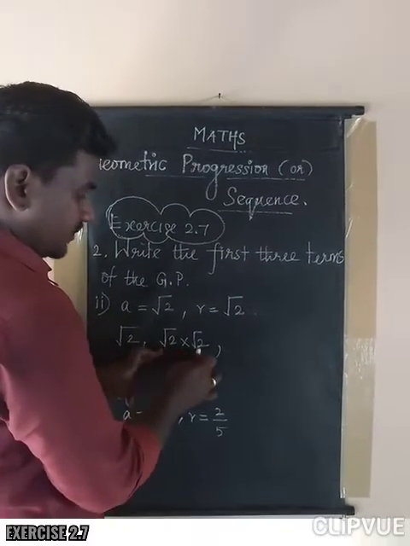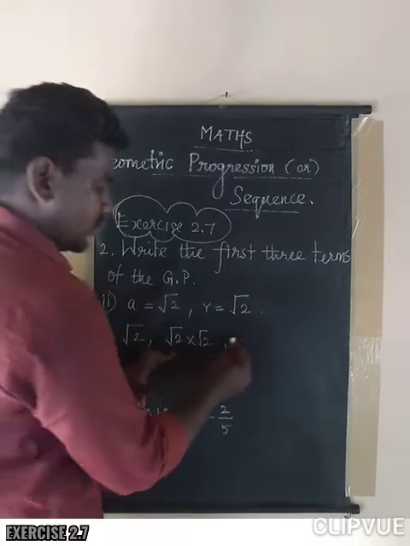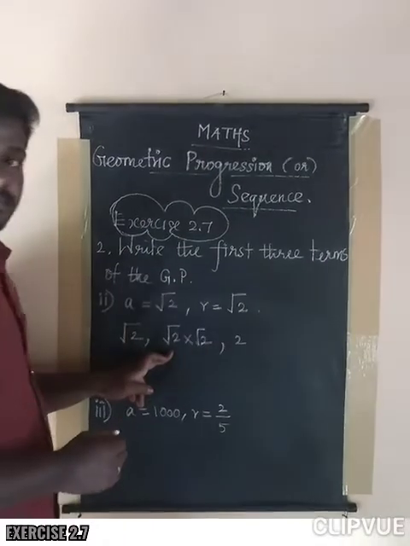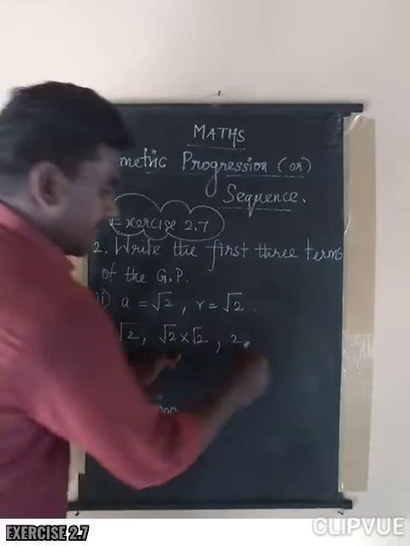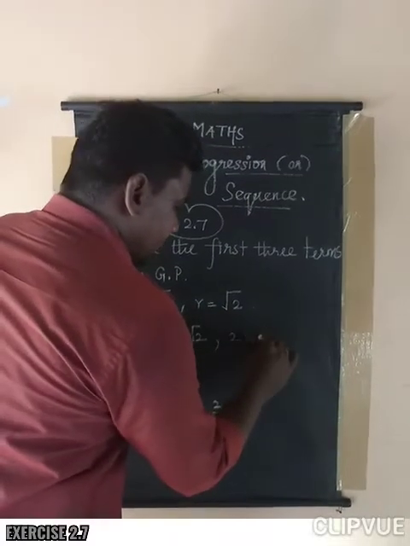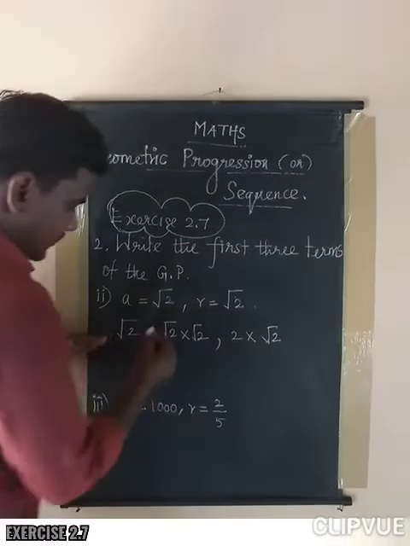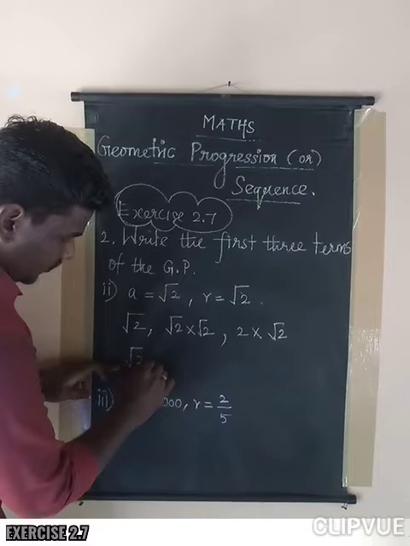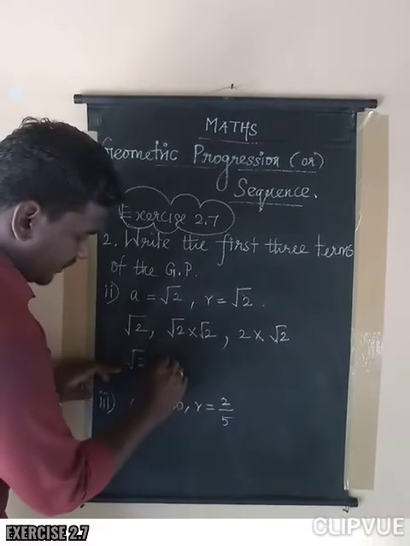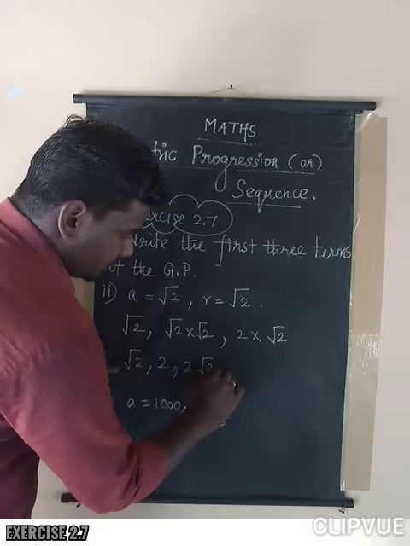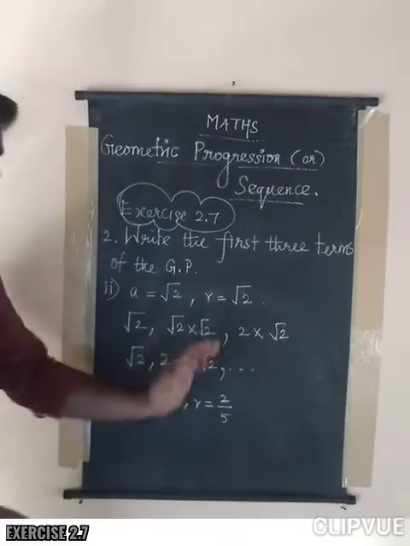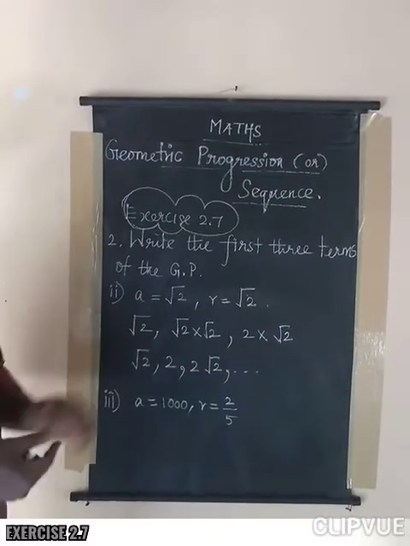The preceding term is root 2 into root 2. You know that root 2 into root 2 is equal to 2. Already I told you the root 2 into root 2 value is 2, into the common ratio root 2. So it can be written as root 2, and root 2 into root 2 gives 2, and it can be written as 2 root 2. This will be the first three terms of the given question.